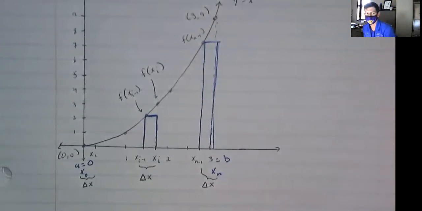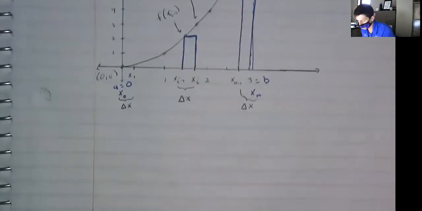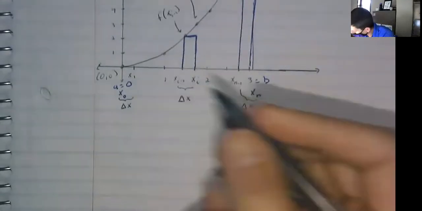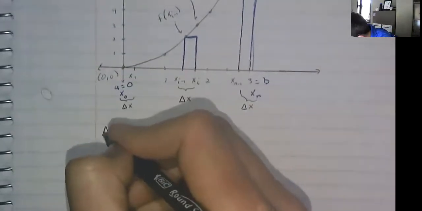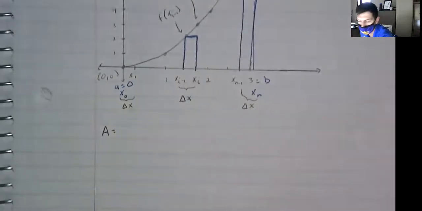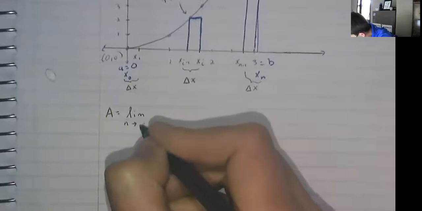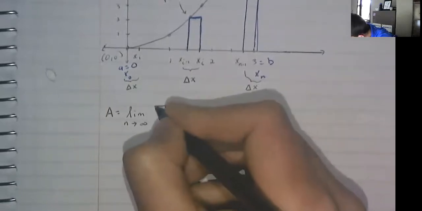Okay, so there's the picture. And we will continue to flip back to the picture to gain some understanding as we build our Riemann sum. So underneath here, let's set up A. A is going to be this jacked up to infinity Riemann sum, which is going to be the limit as n goes to infinity of the sum from 1 to n.